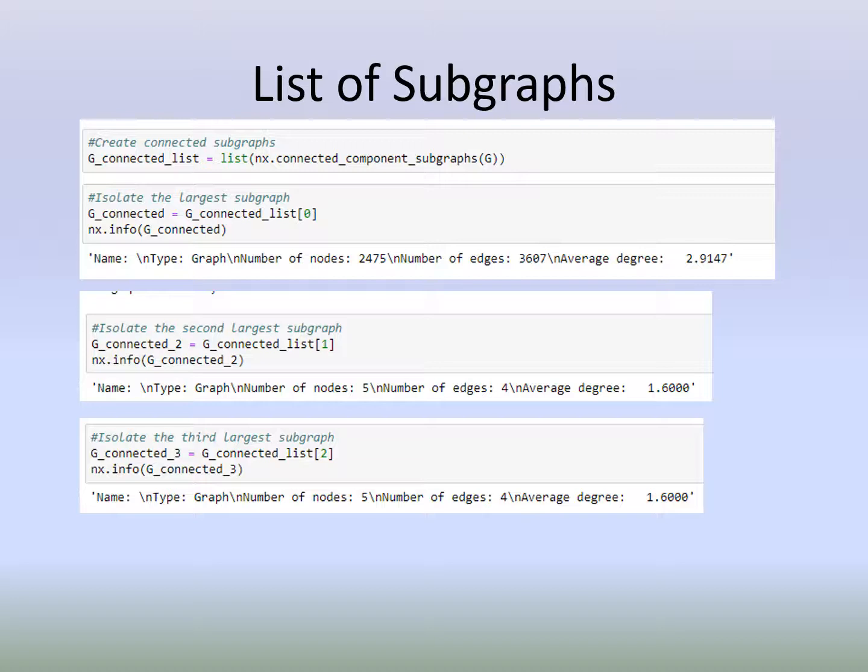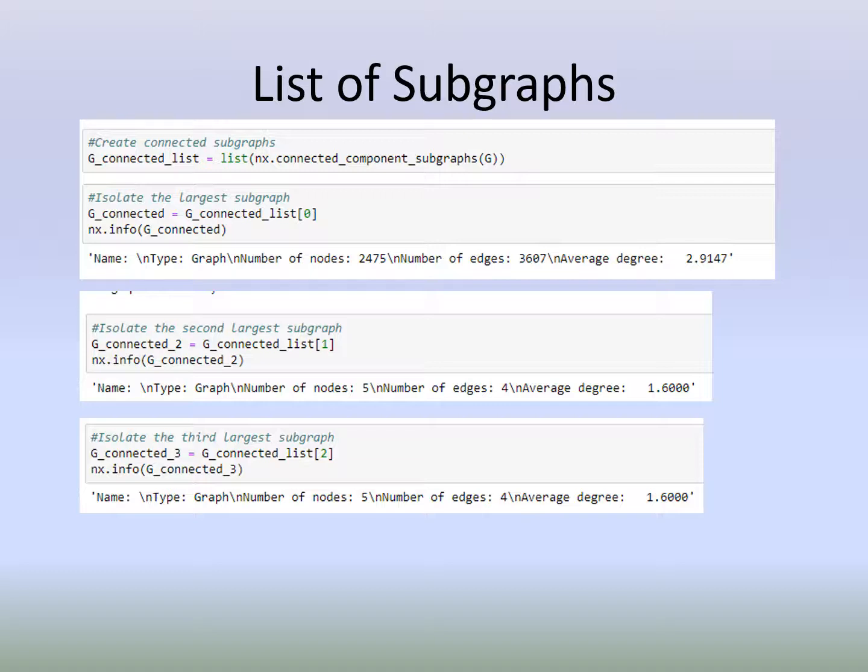Here we got the list of subgraphs. That means we have 94 connected components, and each component is one subgraph, so we make a list.